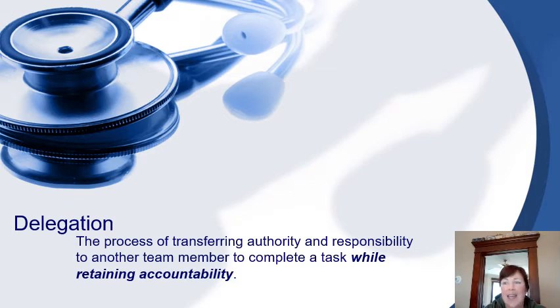Into delegation. This is actually where I was going to start in class, because I think this is probably the most important piece, and there are some key concepts you're going to need to be familiar with for delegation.